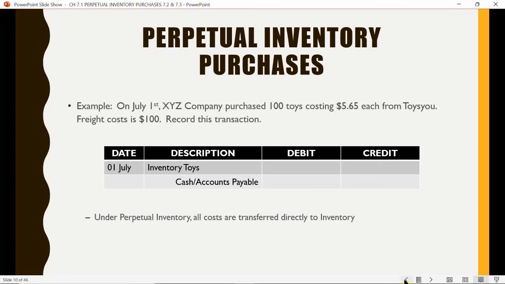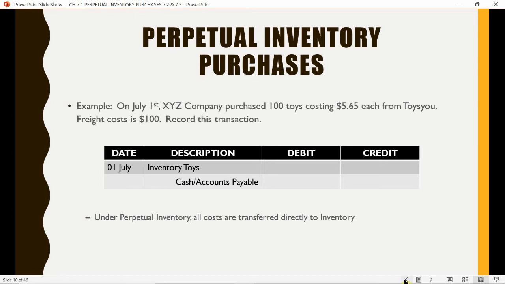Because I didn't specify how I paid for it, whether cash or accounts payable, we're going to dump everything into inventory. We include the purchase price of 100 toys at $5.65, and also the freight cost, because that is part of the cost of inventory.